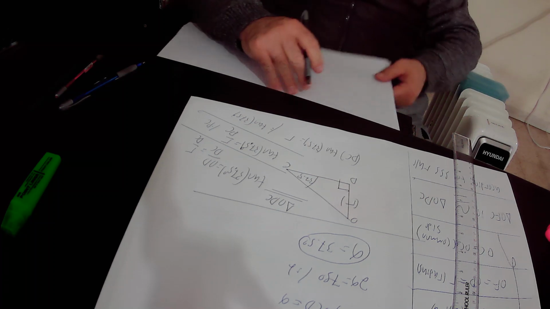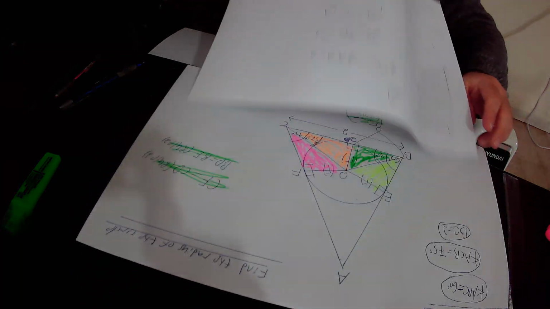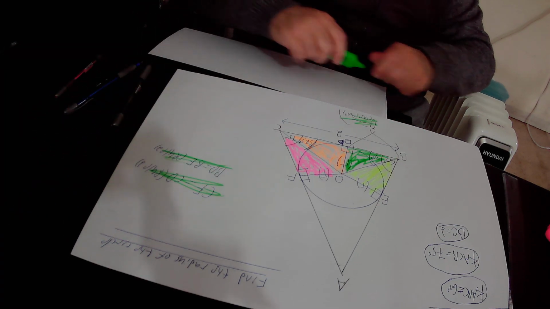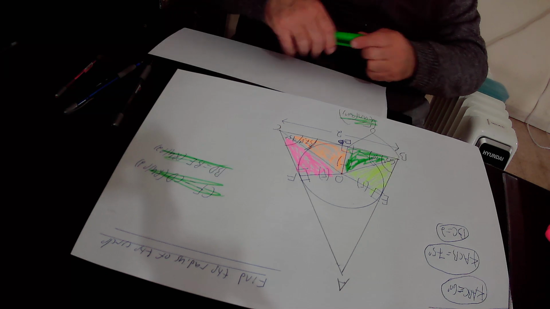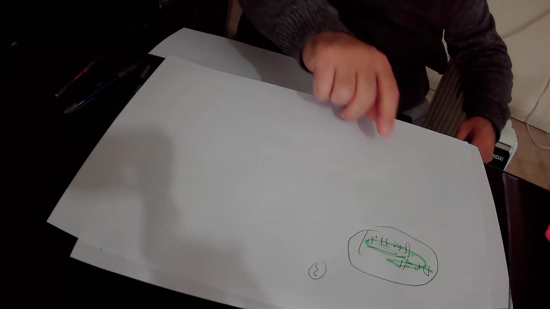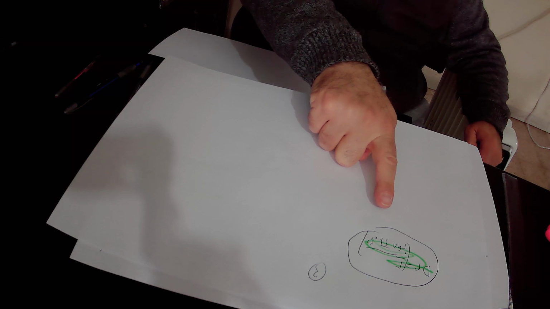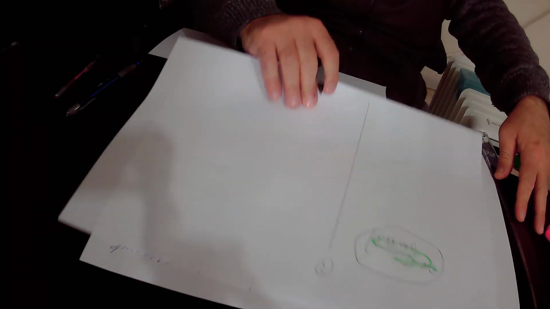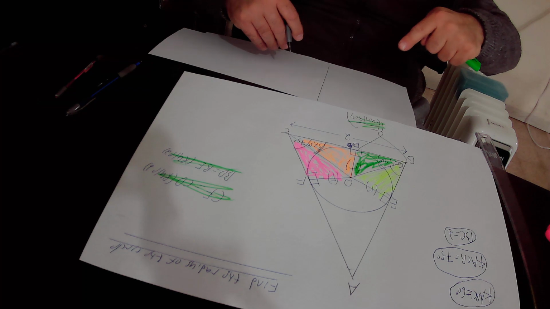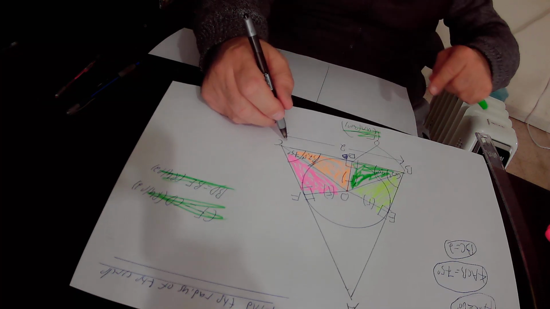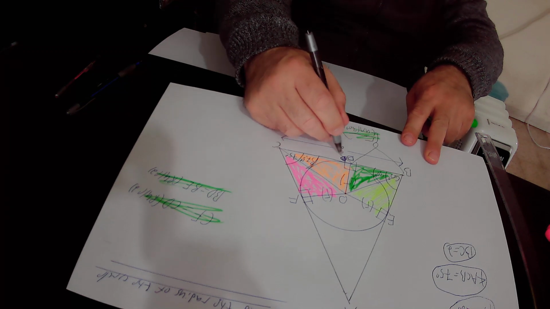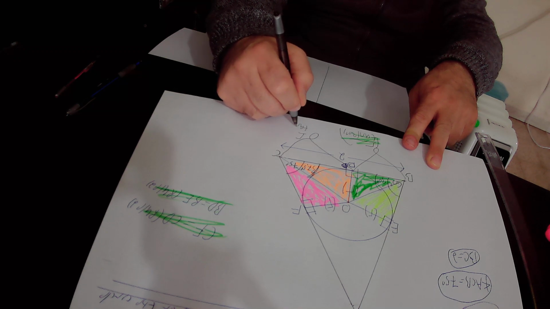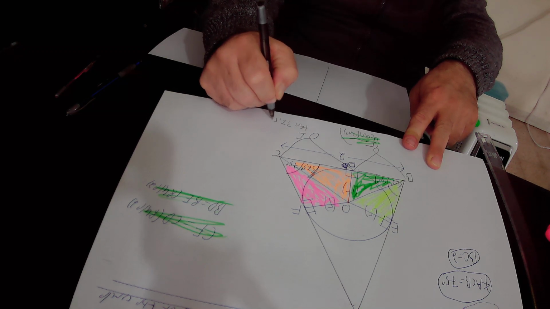Repeat again. We actually found out that DC equals R over tangent 37.5 degrees. So we can write down in the original drawing that line segment DC equals R over tangent 37.5 degrees.